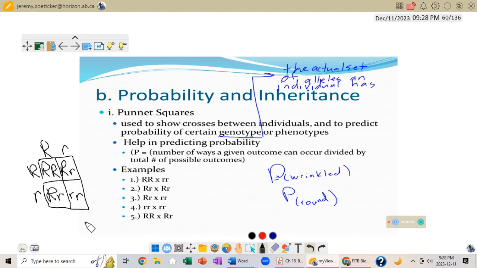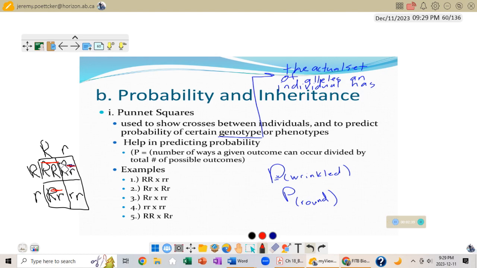On the other hand, if we're looking at the probability of showing the big R, in this case, if we're talking about the pea plants, the round phenotype, there we've got 1, 1 here, another here, and another here, because as long as we have one of the dominant alleles, we're going to get the dominant phenotype, and so there we'd have 3 out of 4.